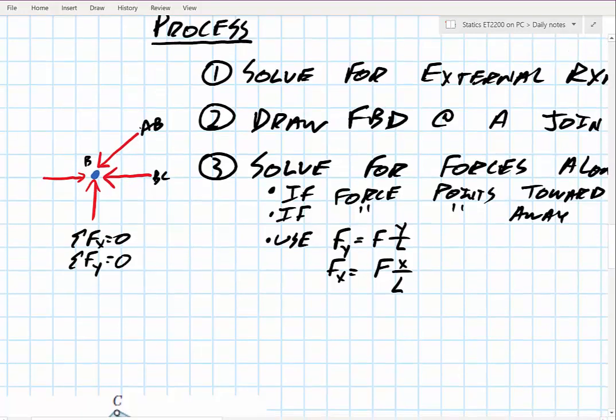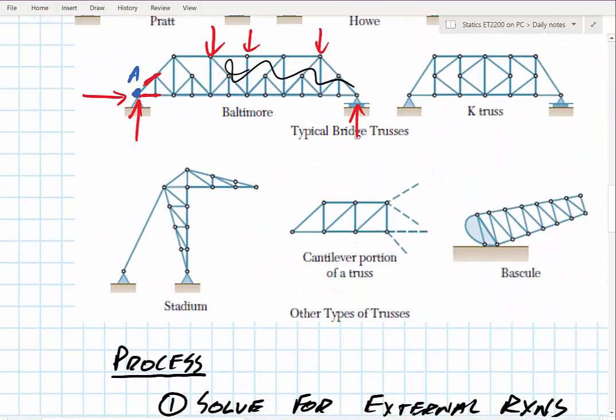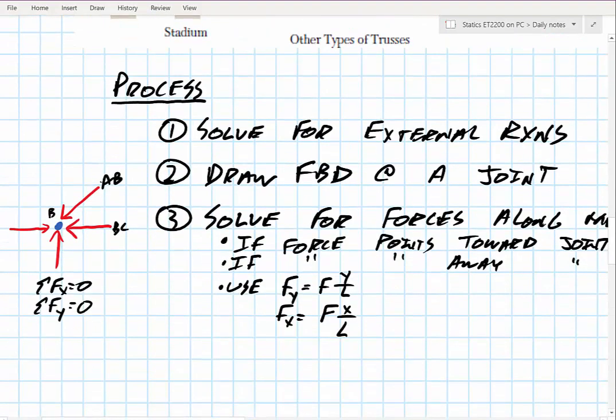Meaning, if this is vector AB, and I know that vector AB is on this truss, say this is the one we were looking at. Well, I know that this is my length of the vector, this is my x direction and y direction, right? So what I end up with is that when we look at this AB, this is my x direction, my y, and my length, and that's for the entire vector, right?